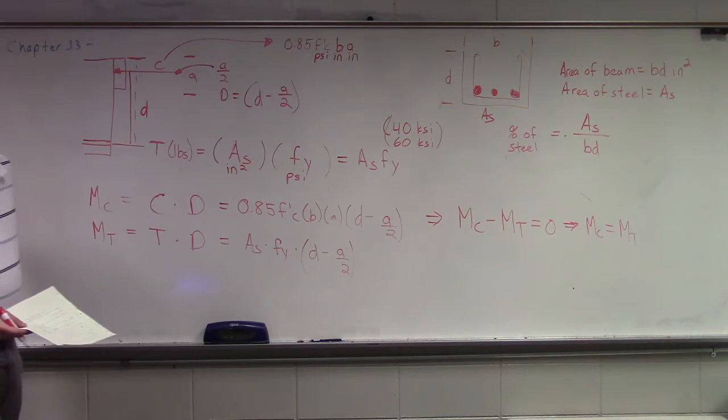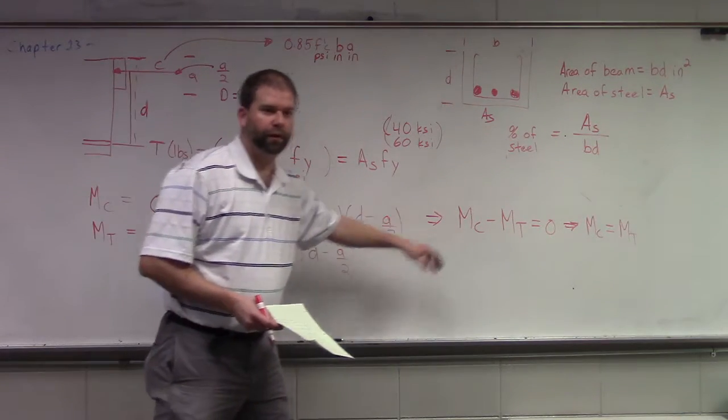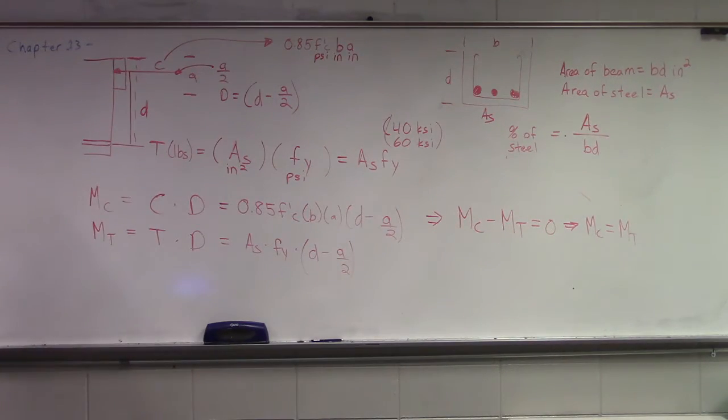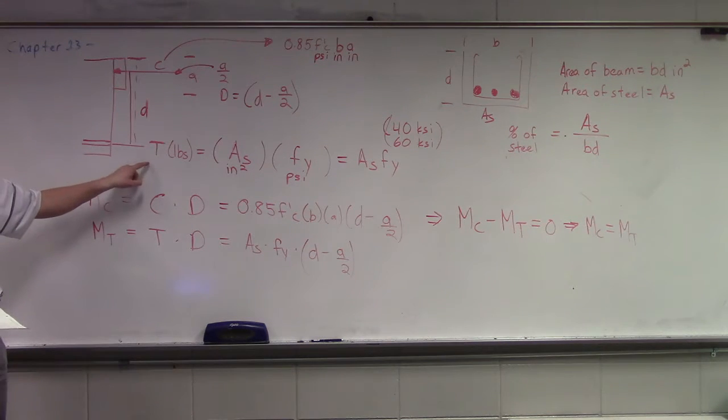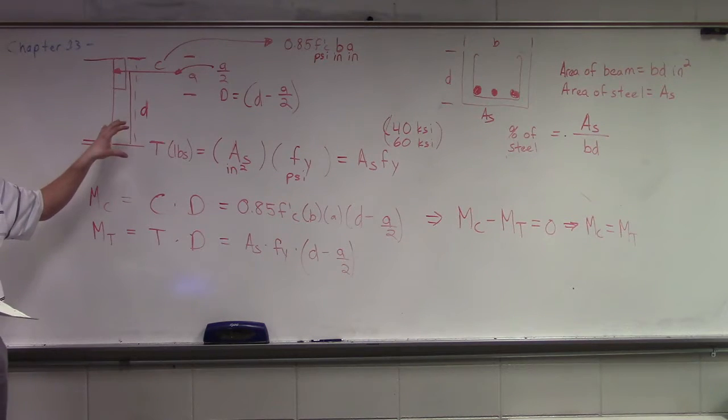Keep in mind here, we're talking about moment. We'll talk about it briefly, we're not going to go into depth on multiple layers of reinforcement. One way that you can get around it, if you have a greater value of T, is you can put in multiple layers of steel.